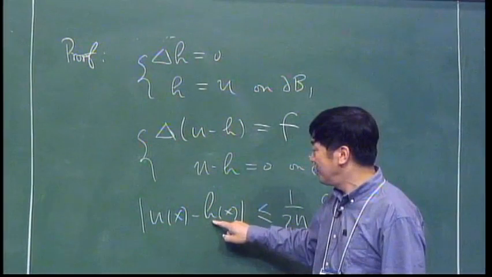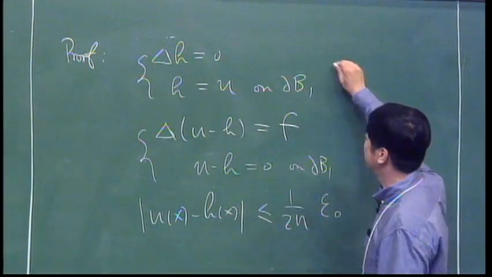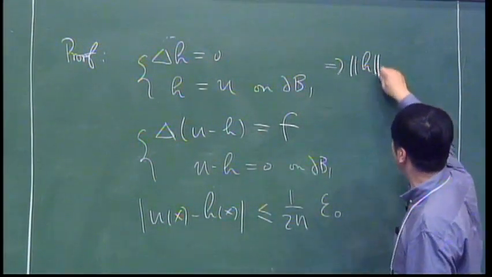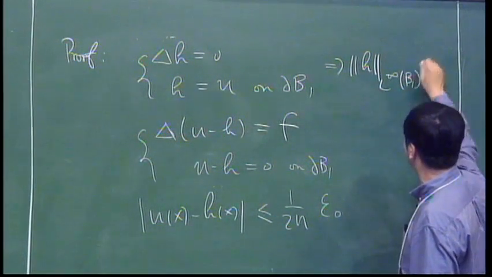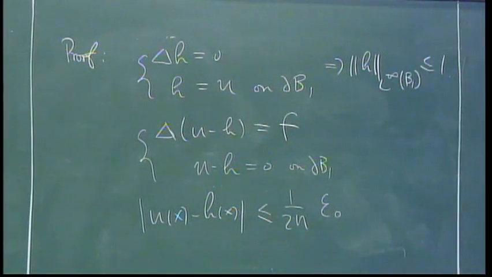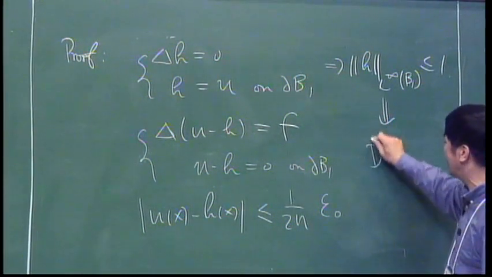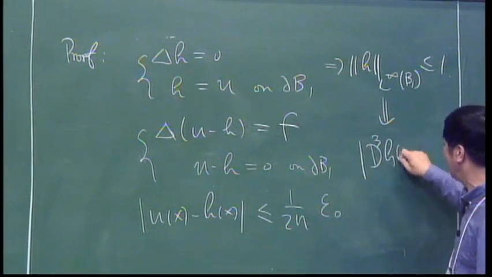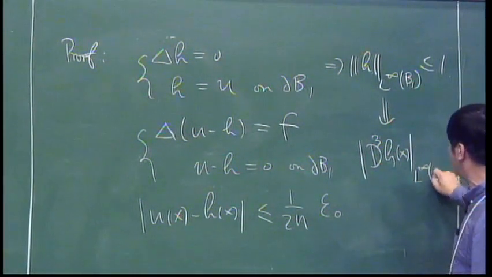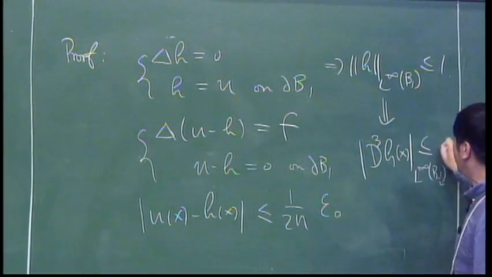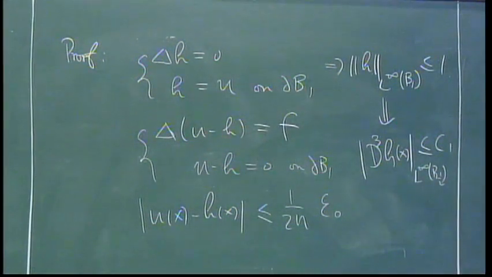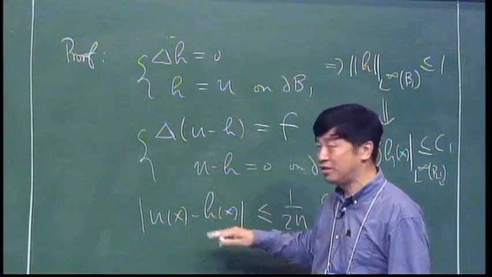Then the L infinity norm of this h in part 1 will be less than or equal to 1 by the maximum principle, because the boundary is less than or equal to 1. So when you extend it harmonically inside, it's also bounded by 1. This implies any order of derivative, particularly the third order derivative on, say, half, would be bounded by C1, the universal constant. So now, of course, you separate H into two parts.